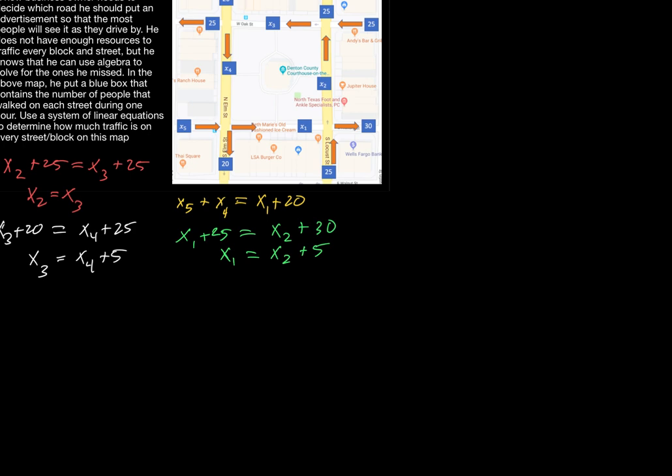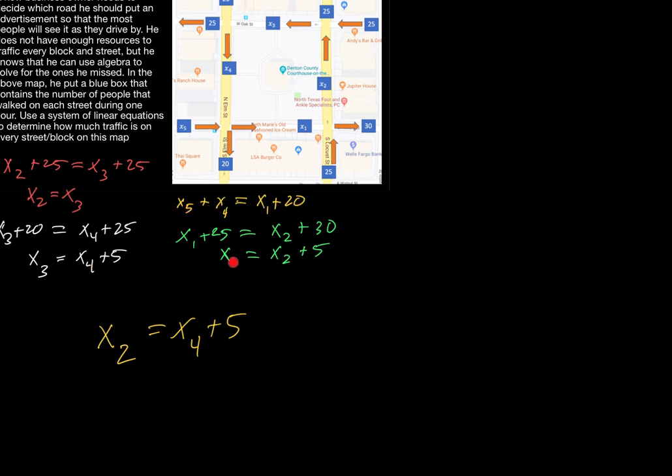Ta-da. So if I choose to get rid of x3s, I'm going to have x2 equals x4 plus 5. And that was from this equation here. All right? Do I have any x3s here?